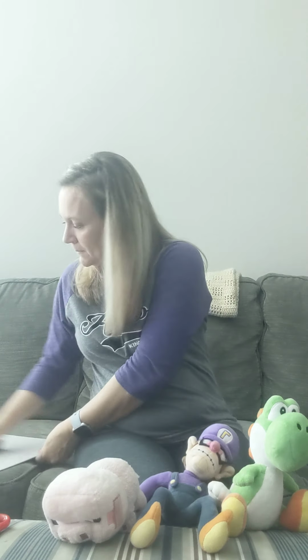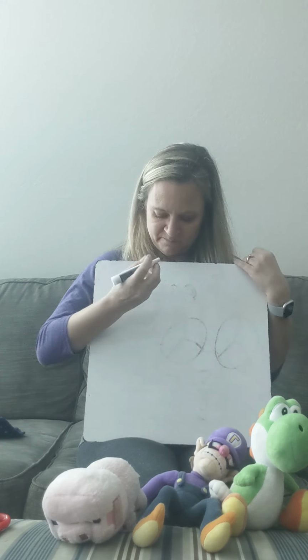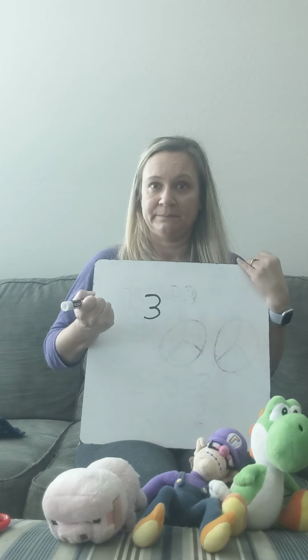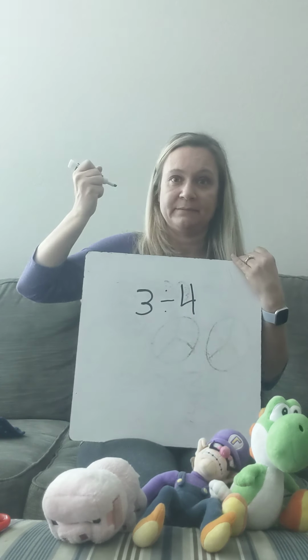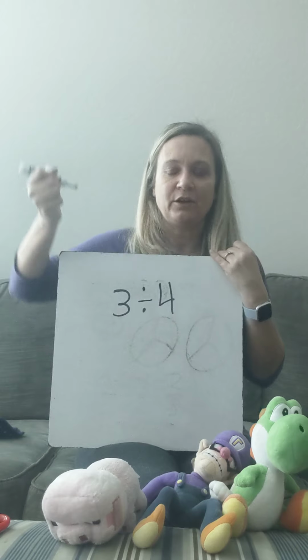Let's take a look at what that would look like using numbers. So if I have 3 cookies and I'm sharing them with 4 friends, this is divide. Hopefully you can see that. Good.